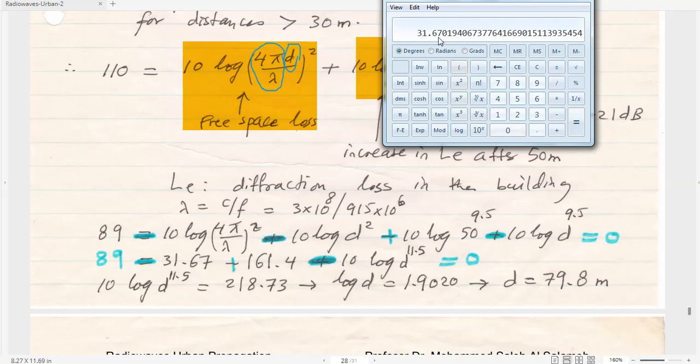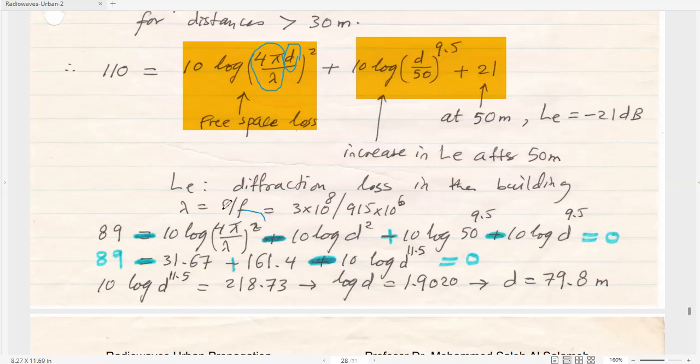The answer is 31.67. And 89 here is as it is, and we have added this and this. This is 20 log d, and this is 95 log d. Minus 20 log d minus 95 log d is minus 10 log d to the power 11.5, because 115 over 10 is 11.5.